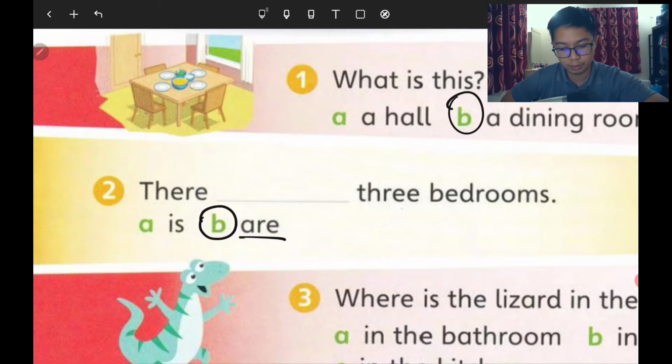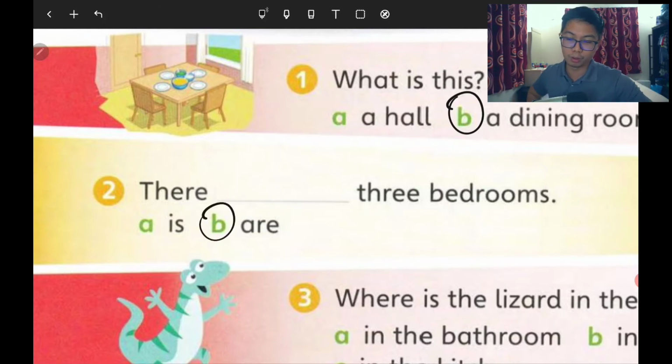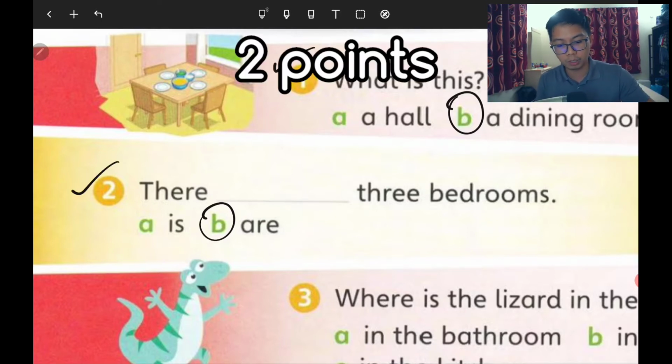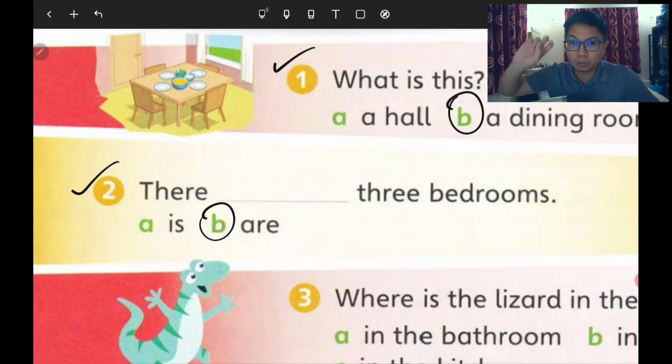Okay, for example, 3 bedrooms. Okay, that's a lot. Of course, we are going to use are. I hope you got the correct answer. So if your number 1 and number 2 are correct, so you have 2 correct answers already, 2 points.